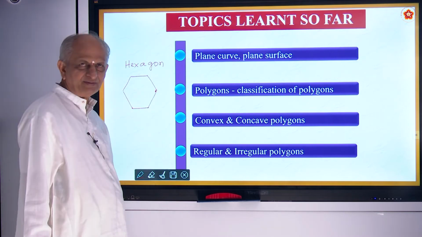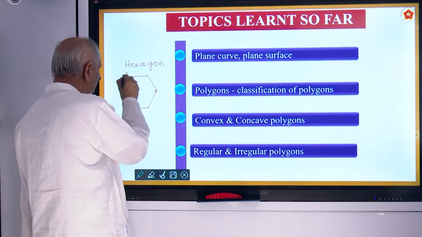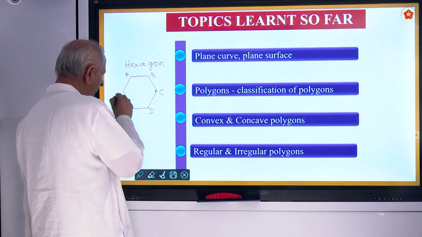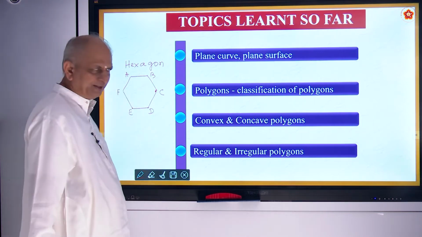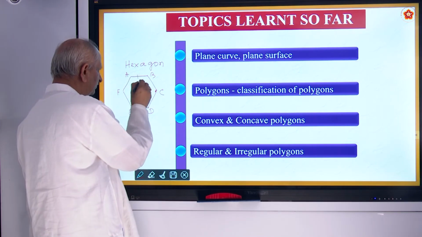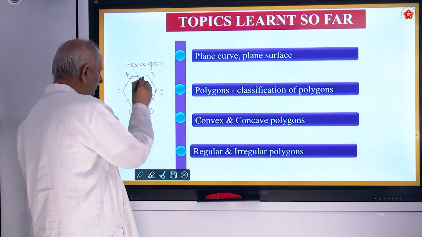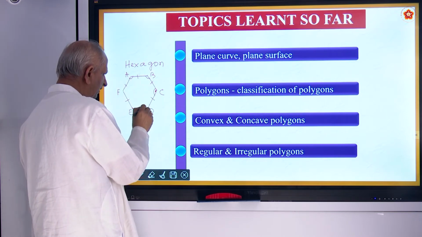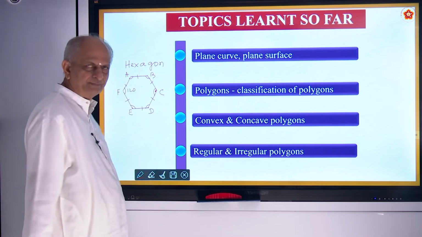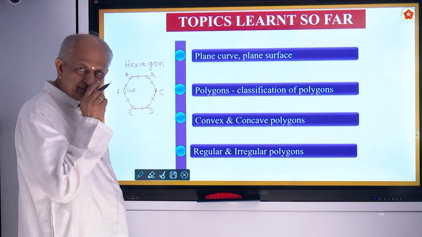Why is it called hexagon? There are 6 line segments, and here it is called regular because the sides and angles are equal. Each interior angle will be 120 degrees.